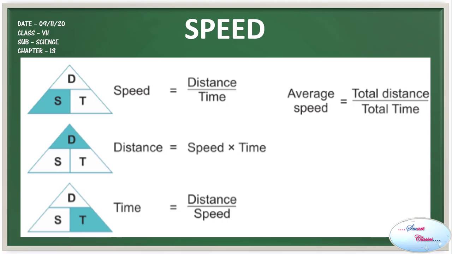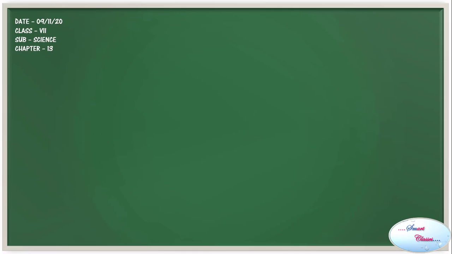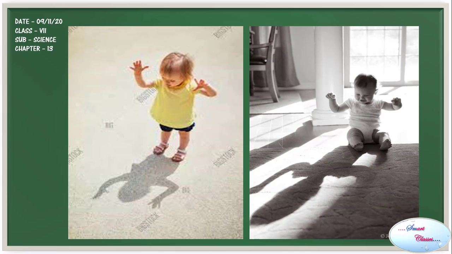Now comes our next topic, that is measuring time. Time waits for none, right? But how do you know that? A ticking watch measures the change in time, but have you ever thought how it was measured before the invention of the watch?